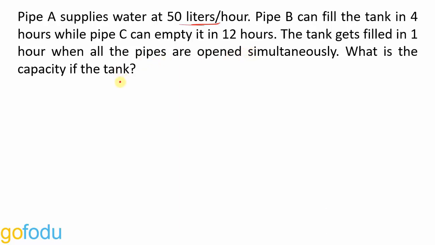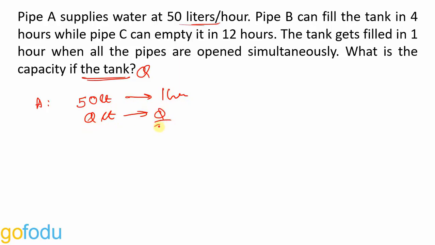Let's say the capacity of the tank is Q liters, and A pumps 50 liters of water in 1 hour. So for A, 50 liters of water is pumped in 1 hour. Q liters of water will be pumped in Q upon 50 hours.